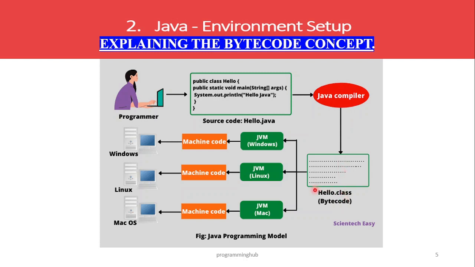From the bytecode, which is now our third step, say I want to run this specific bytecode on Linux. I will look for the JVM for Linux and pass the bytecode to it. This JVM will convert my bytecode to machine code, which I can now run on a Linux operating system.